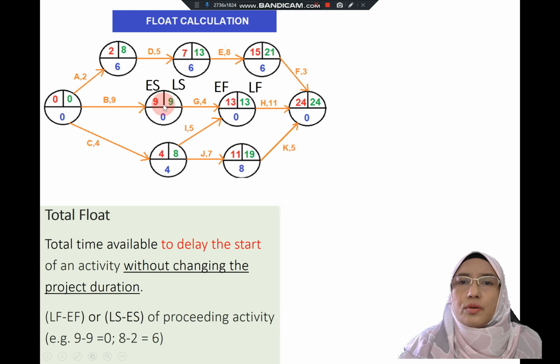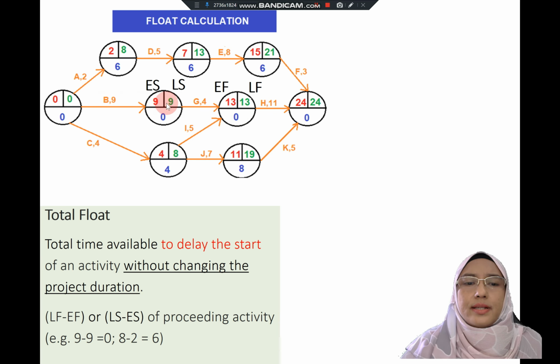So there is no extra time. Looking at the finish time, activity G can finish as early as week 13, but must finish as late as week 13. So there is no additional time for activity G, either to start or to complete.